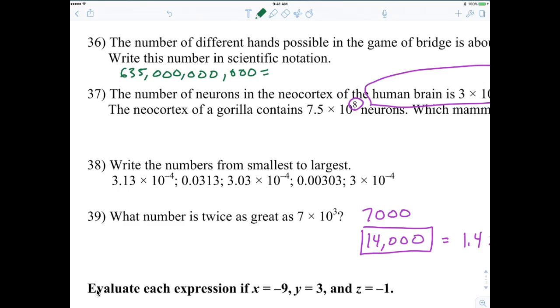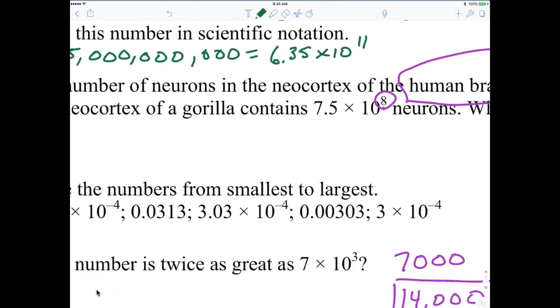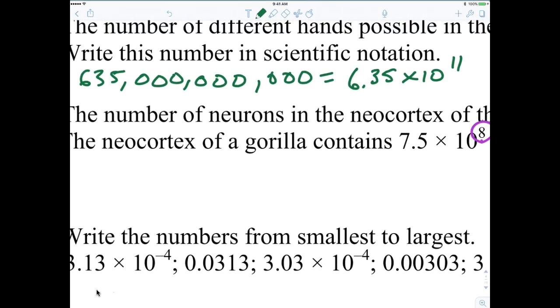So it's 6.35 times 10 to the... Count by threes. 6.35 times 10 to the 11th. Yes. All right. Does anybody have any questions with that? Any questions with billions? All right, here we go.